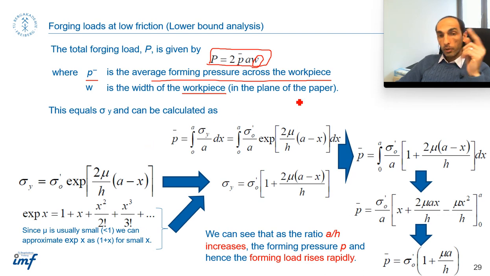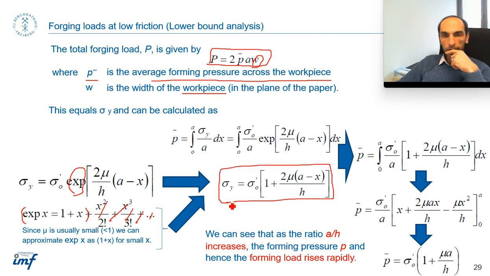Then using the equation we obtained in the previous slide, we can simplify this exponential term by using this series, and as the mu value is very small, we can ignore the higher terms and just use the first two terms and substitute it in this equation, and then we can remove the exponential term. Okay, then if we substitute the sigma y value in this equation, we have this form, and you can integrate and obtain the forging load value.